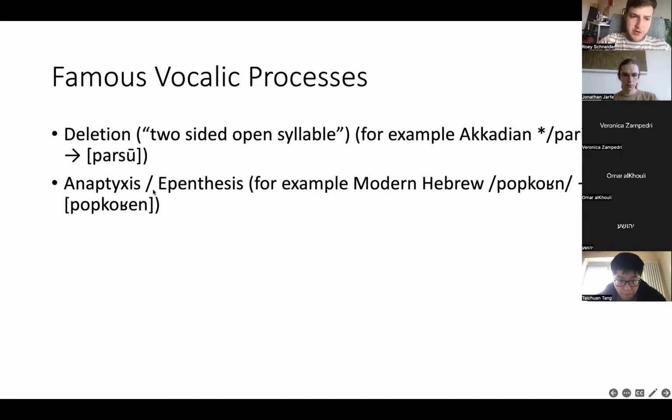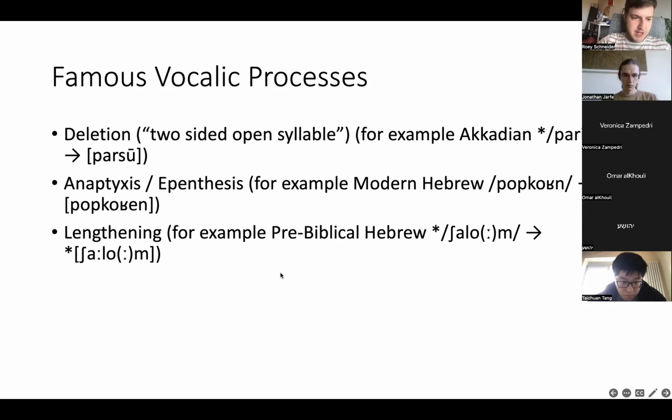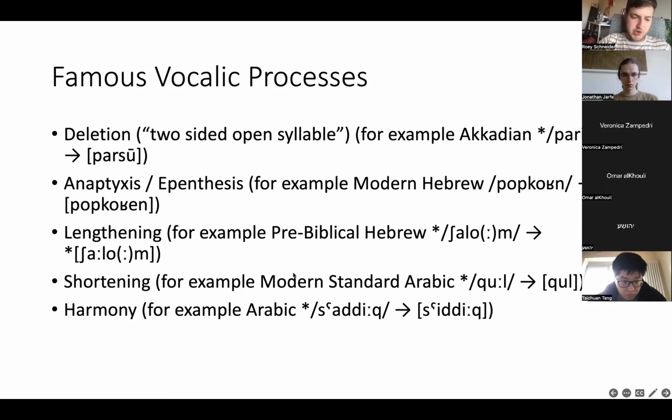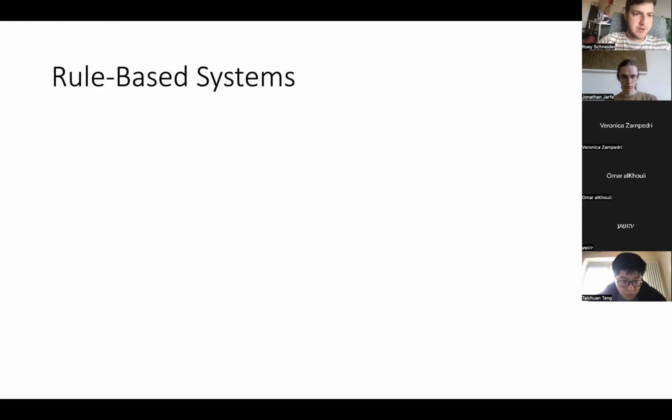And aptixis, or epenthesis of a sound, for example, in Hebrew, popkoren. Yep. Lengthening or shortening, of course, usually depends on the environment. And vowel harmony, as I said, which is just the assimilation of vowels when they're not adjacent.